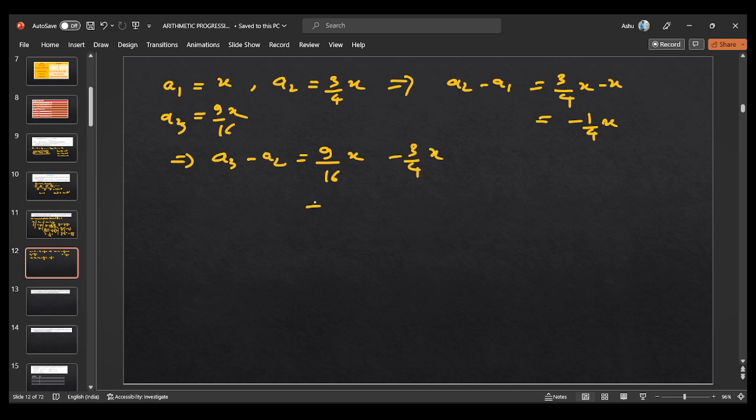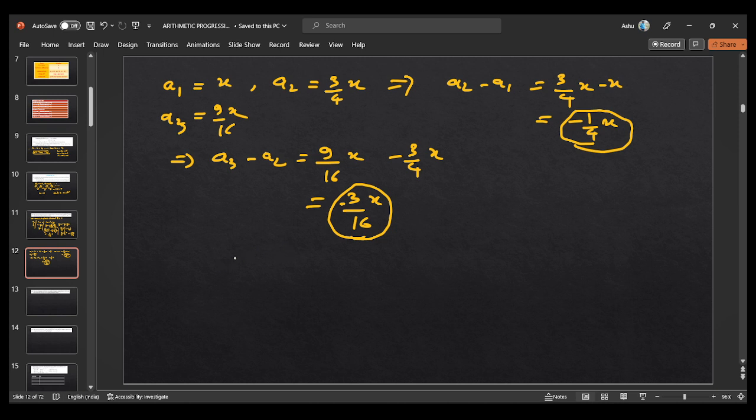We will get 4 fours are 16, 4 threes are 12, 9 minus 12, that is minus 3 by 16 x. So this difference and that difference, these common differences d are not equal.